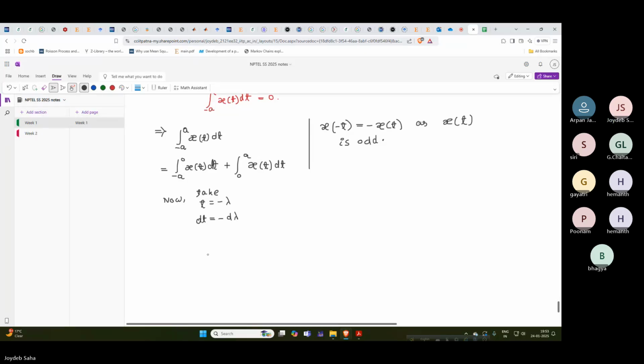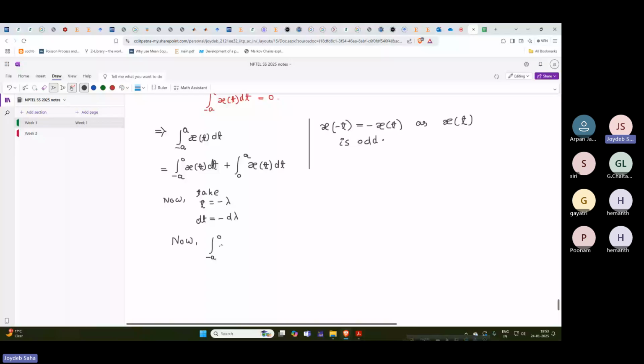Now the integral from minus a to 0 of x(t) dt is equal to minus of the integral from 0 to minus a of x of t dt.